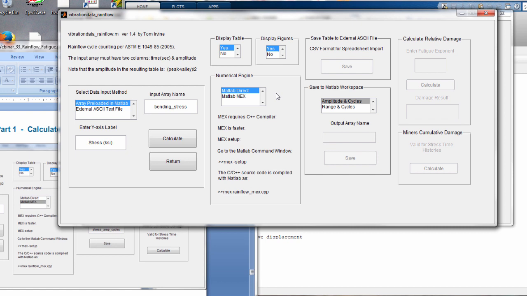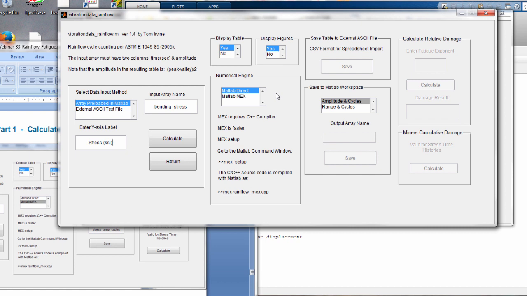C++ has a wonderful means for removing intermediate points out of a one-dimensional array. So C++ is much faster, and as you might well imagine, I have a C++ rainflow program, and I think I posted the source code for that on my blog if you're interested.